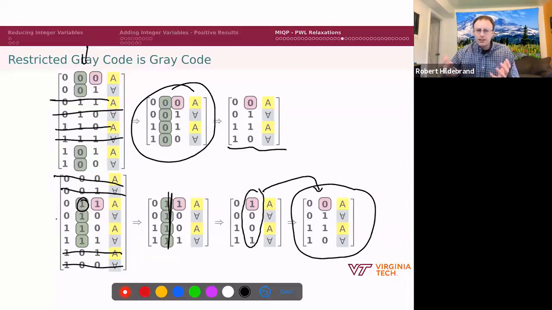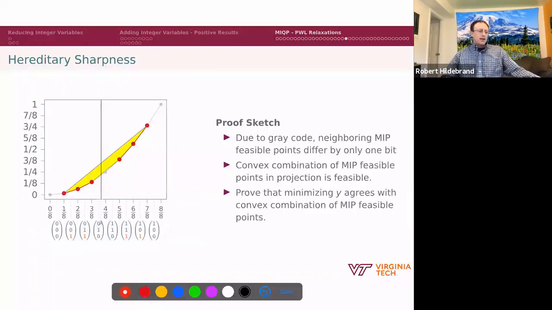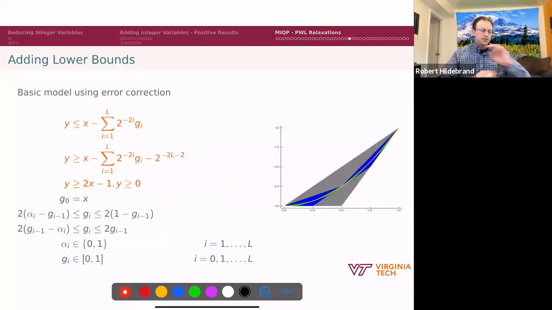So there's really a hidden Gray code sitting underneath each branching piece here. Okay, so the proof sketch, it gets a little technical actually to do all the computations, but that's really the main motivator for how this proof works out, that the hereditary sharpness works. I won't go through lots of details for the proof sketch, but you can take a look at the paper later if you're interested.